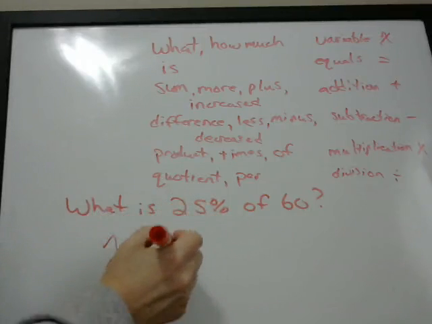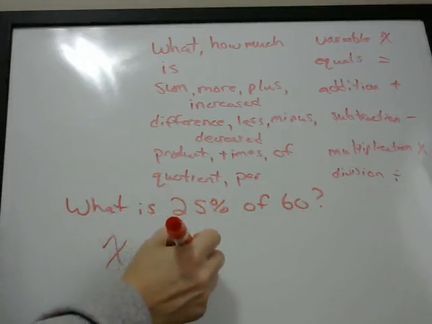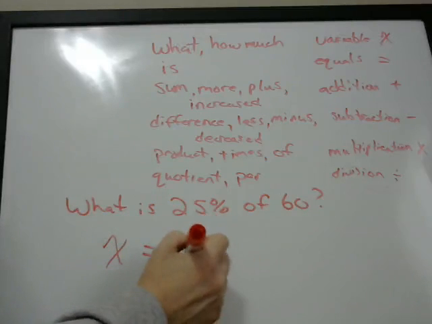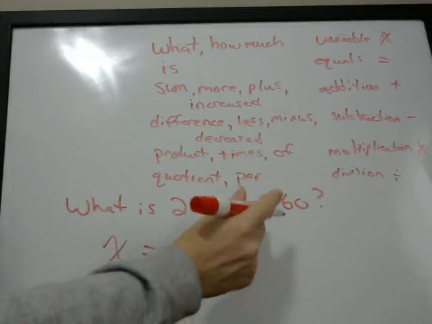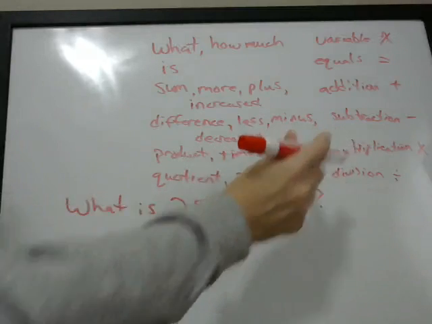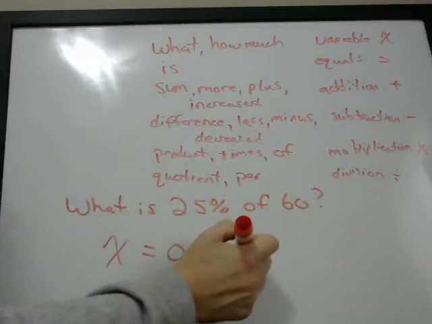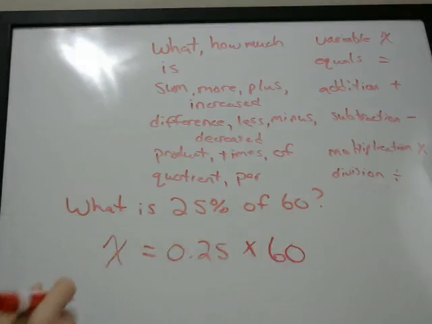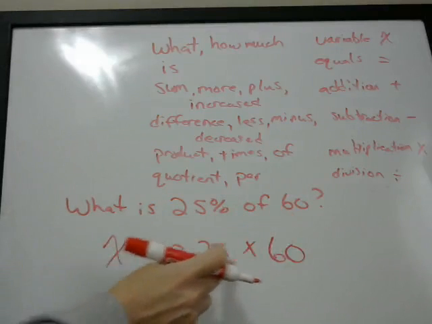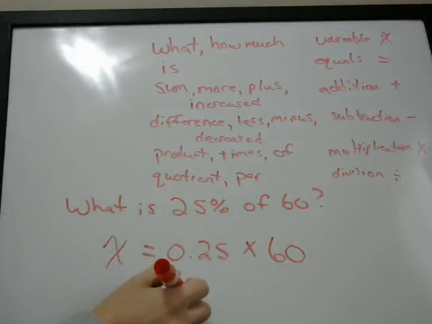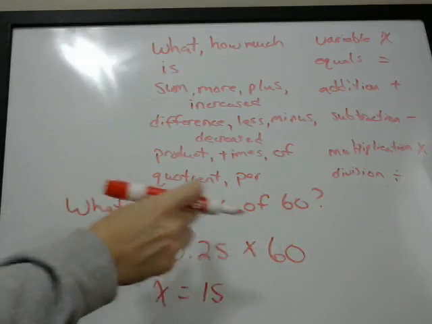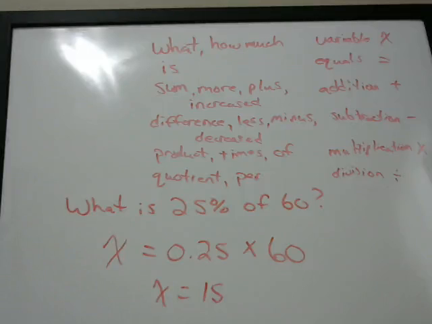So we change this to a decimal. If you don't know how to do that, watch the percentage video. 0.25, of, again, means multiply. This is going to come up a lot, so make sure you remember. Of means multiply. 60. So 0.25 times 60, you're going to get 15. What is 25% of 60? 15.